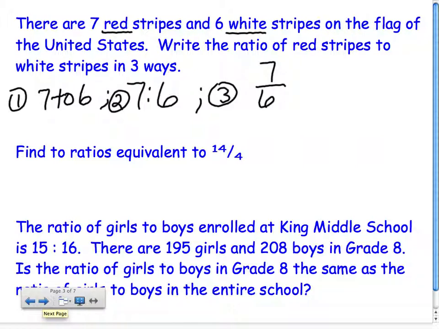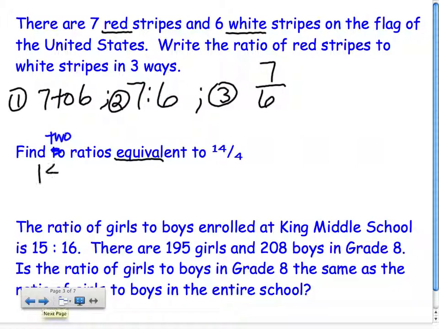Next we find 2 ratios. There's a typo on our slide. Find 2 ratios equivalent to 14 fourths. Okay, equivalent ratios. Remember, the root word of equivalent is equal, which means the same.